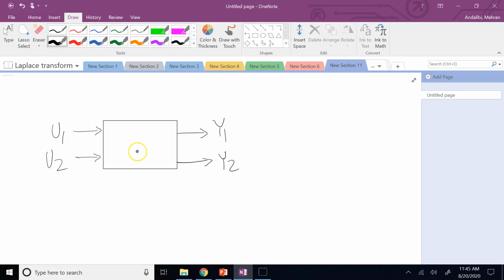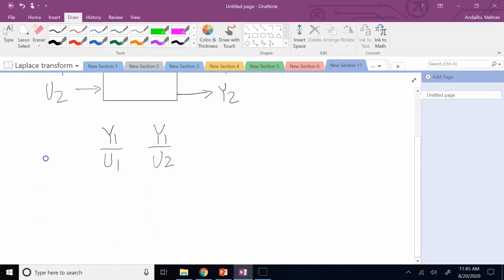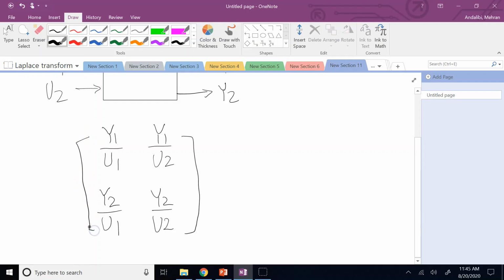So do you define one transfer function? No, you define one, which is Y1 over U1. Then Y1 over U2. Then you define Y2 over U1. Then you define Y2 over U2. So you define a matrix like this of transfer functions.